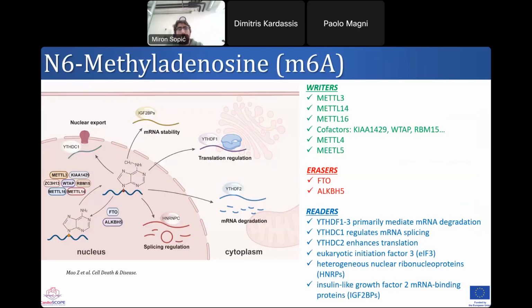So for this one, I will just focus on one of the most present modifications, which is called N6-methyladenosine, or M6A for short.